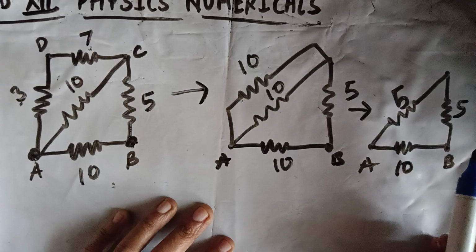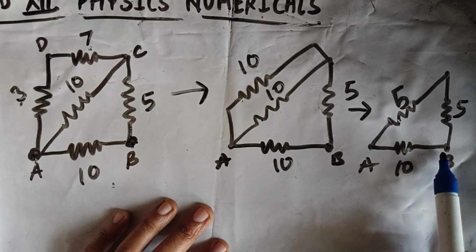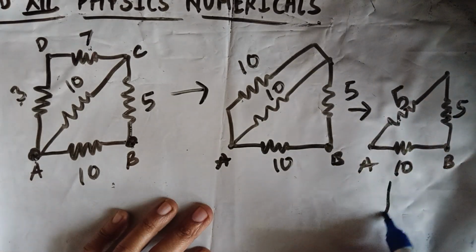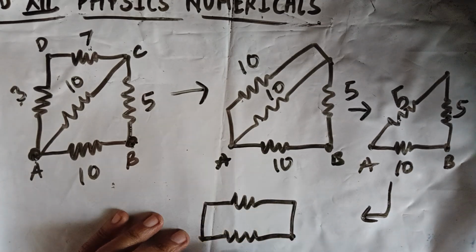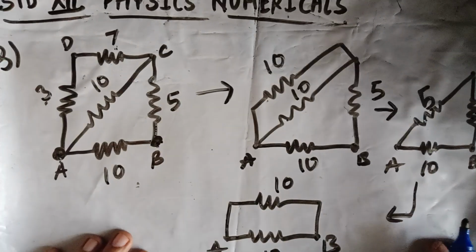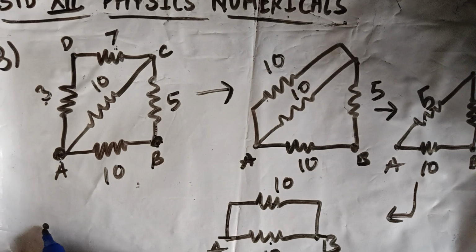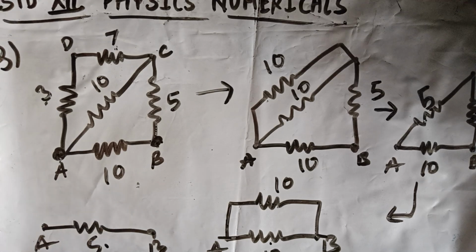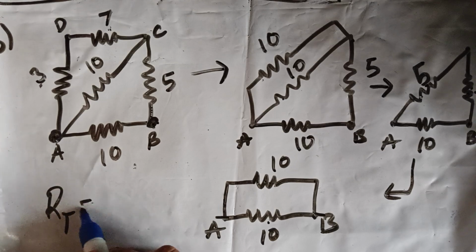Now these two resistances are in series, so you can directly add them. So at last you will get it like this: 5, 5, 10. Finally we have the resistances in parallel. Again you will get 5. So the total equivalent resistance is 5 ohm.